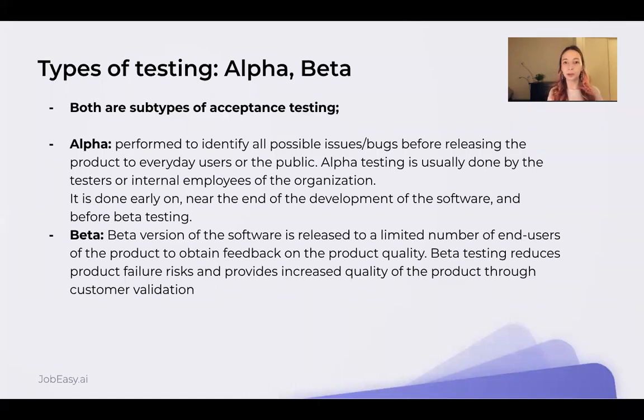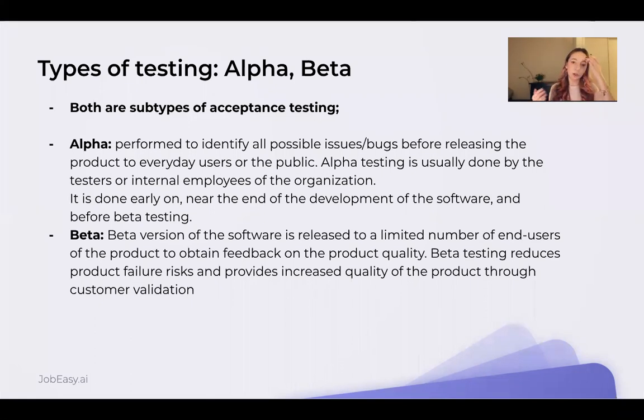So if this is your case, you probably want to make sure that you won't break a lot of things for these users when releasing the application. So beta testing is when we release our application to a group of end users. They're not internal employees, they are end users, but this is a very limited set of users, a very limited group.